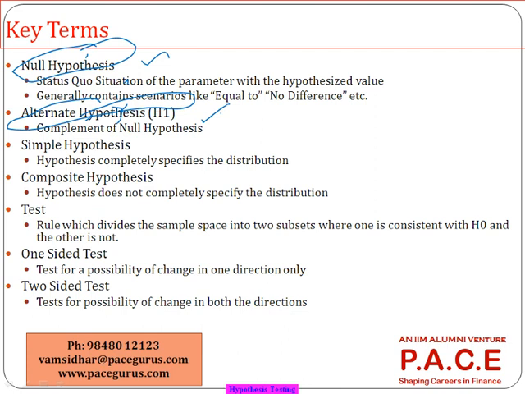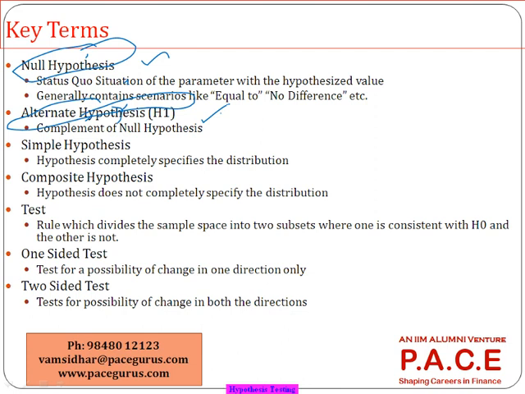So if the null hypothesis is, let's say, the average height of an Indian male is equal to 165 centimeters, then the alternate hypothesis will always be the average height of the Indian male is not equal to 165, which means they are completely complementary, or mutually exclusive, kind of statements, right?